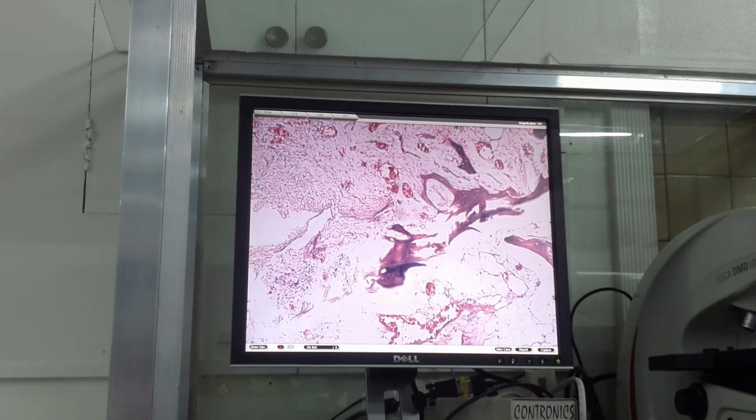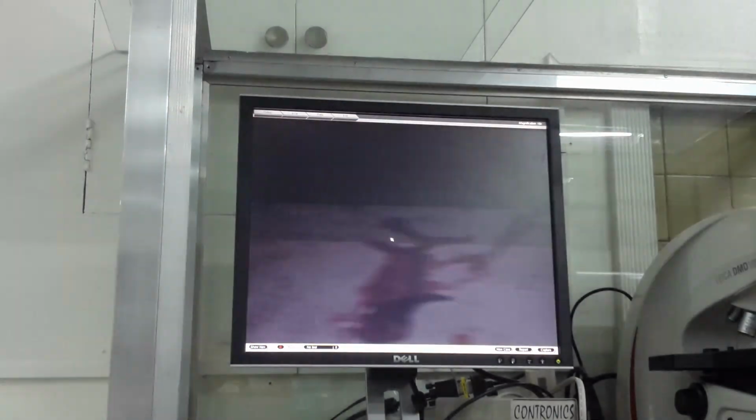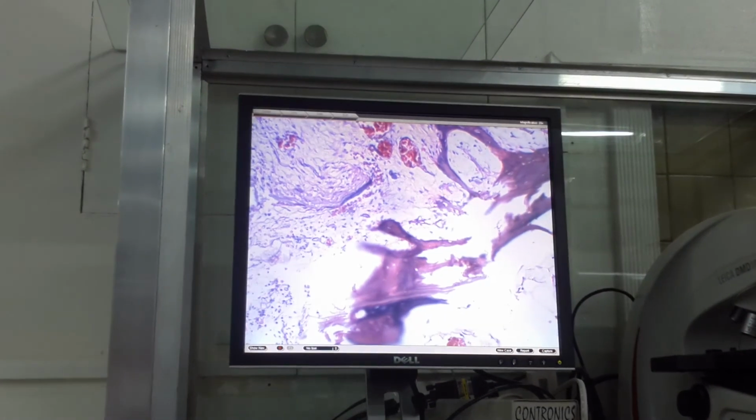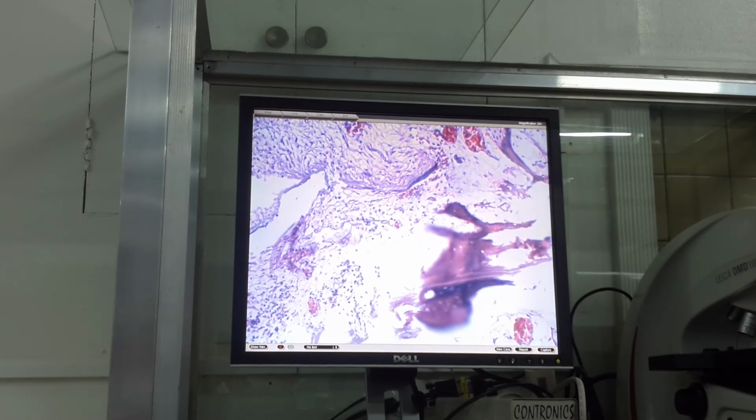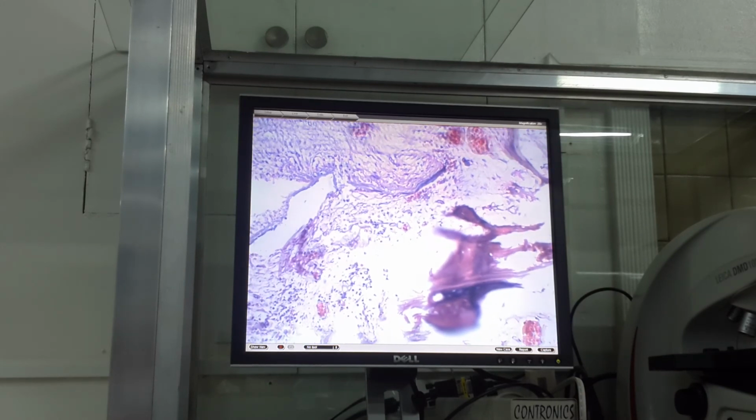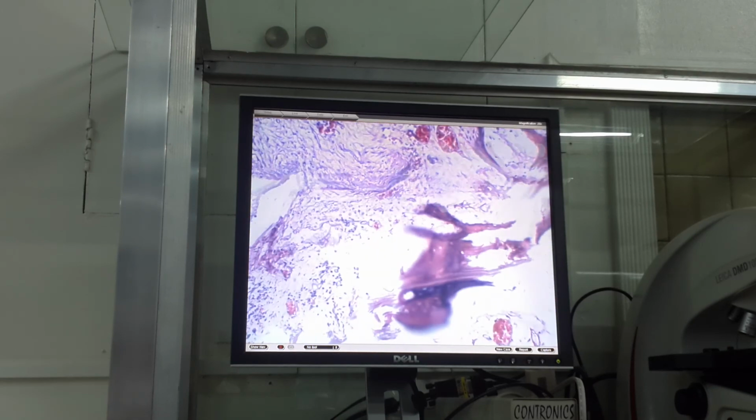Okay. If this is going to come out, this is most probably the focused area. It shows you all the elements for its diagnosis. You have the bony fragment. Can you recognize that? Ayan, ang bony fragment.